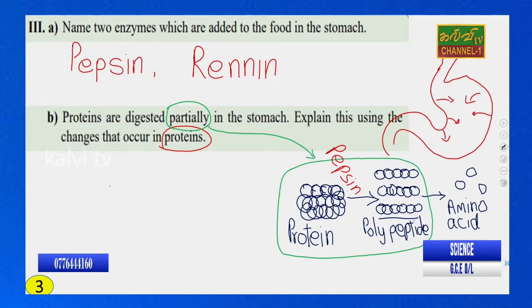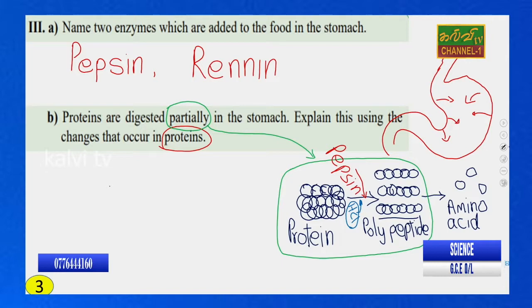So the pepsin enzyme makes this reaction in the acidic medium. Acidic medium means HCl. That is not an enzyme, but that HCl helps to give the acidic medium, hydrochloric acid, right?